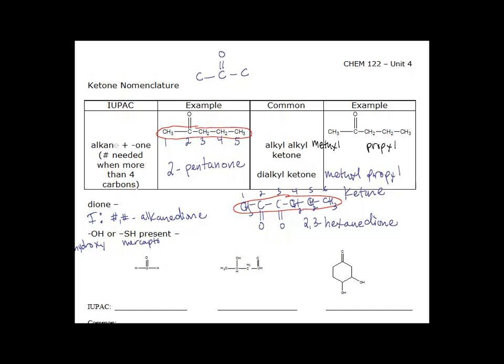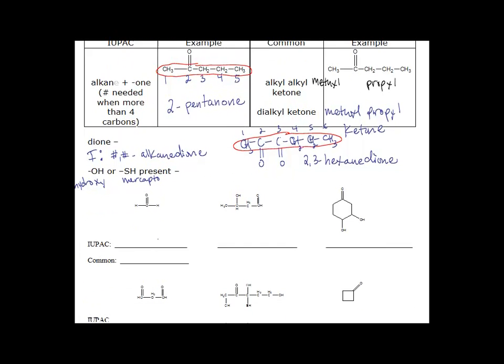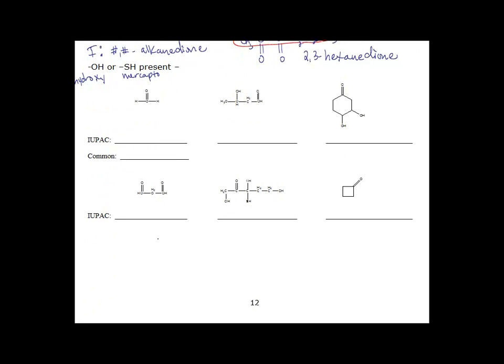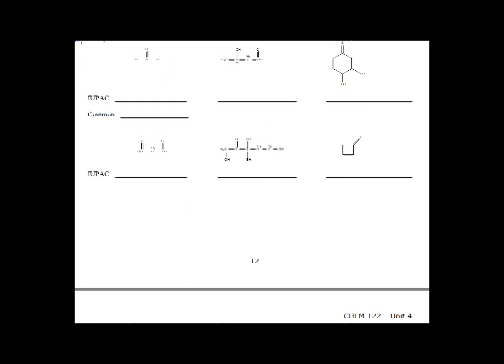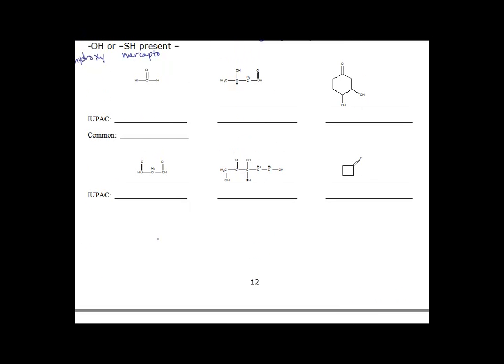Okay, so now we get to the practice problems. What I want you to do, so pages 12 and the top of page 13 have molecules that are either aldehydes or ketones. Remember on the exam that all these functional groups are going to be jumbled together. You're going to have alcohols, ketones, aldehydes, carboxylic acids, esters, amides, all on one page. So you need to get in the habit of recognizing different functional groups.